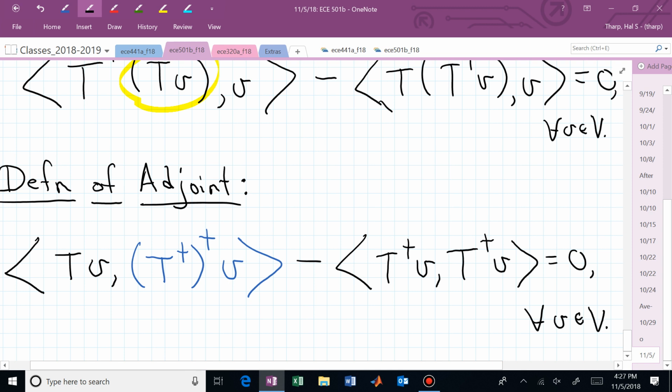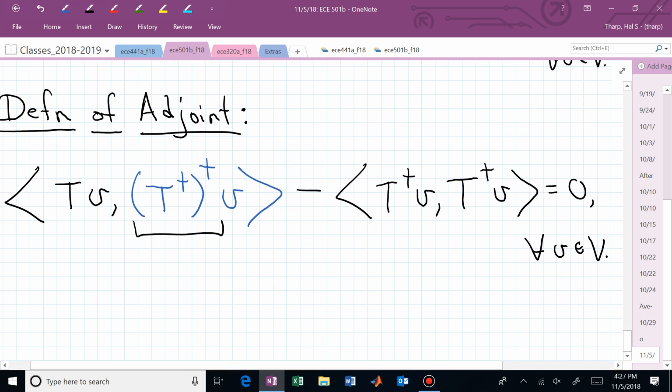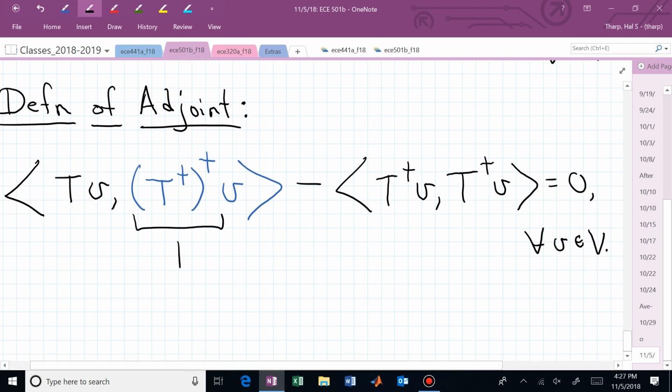Are we okay with what I've done? And do you remember what we know T dagger dagger is? Take the adjoint of an adjoint. Oh, that goes back to an earlier lecture, doesn't it? Where we were getting rid of the adjoint and the adjoint. Never mind. Here's T, okay?